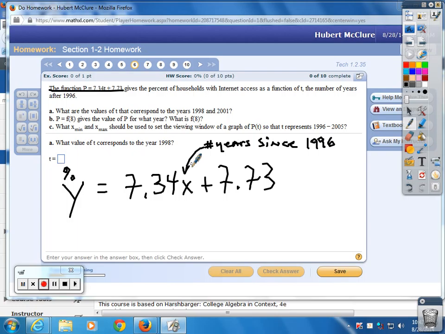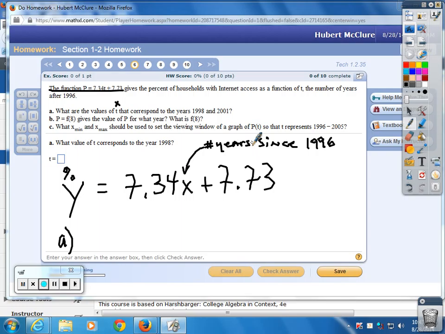All right, so it says, what are the values of x that correspond to the years 1998 and 2001? So what do you need to do to 1998 and 2001? Subtract what? 1996. Good. Subtract 1996 from both. And then plug those numbers in for the number of years.